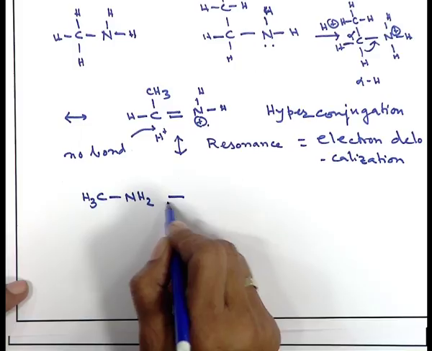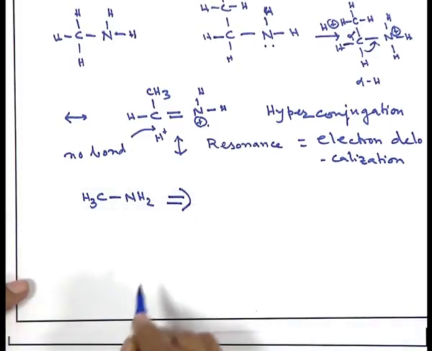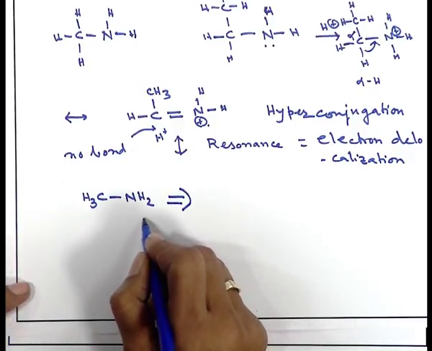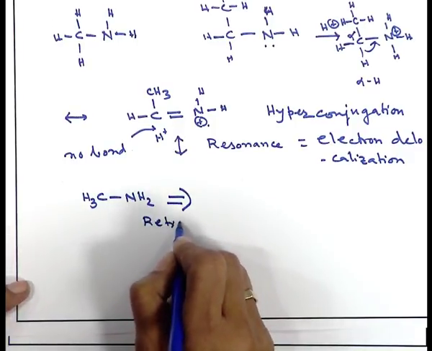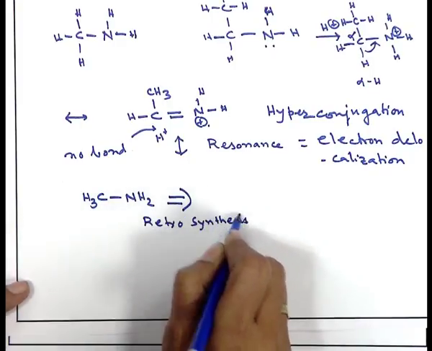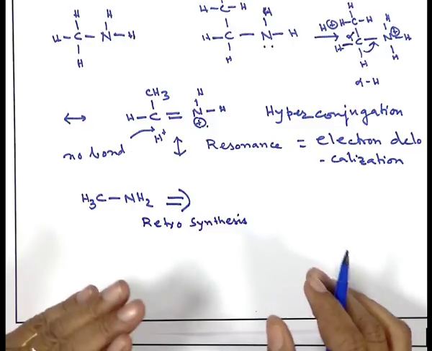Now, I will write another very interesting thing: how to prepare this type of very simple compound with a carbon-nitrogen bond. One simple way is to write an arrow like this. This arrow is reserved for retrosynthesis, meaning reverse synthesis.